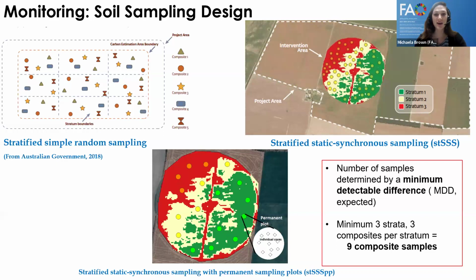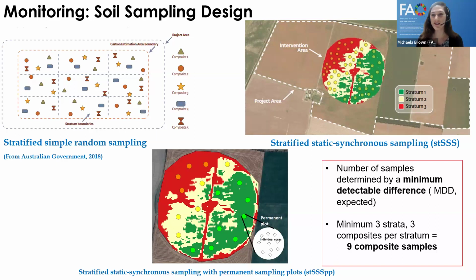But then we tend to recommend the static sampling in which certain sampling points are defined and revisited in order to minimize the spatial and temporal variation, so that we know this particular point has been impacted by the management changes, because even if you sample a few feet away, there could be variation that isn't only explained by the implementation of the sustainable soil management practice.